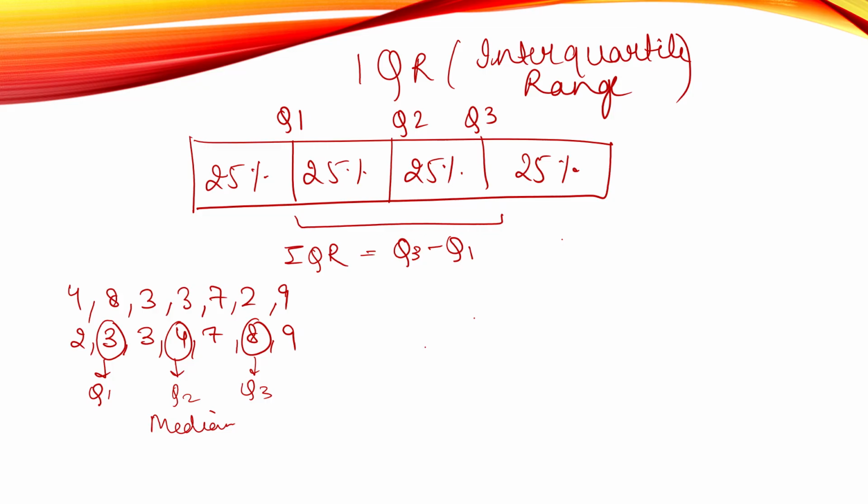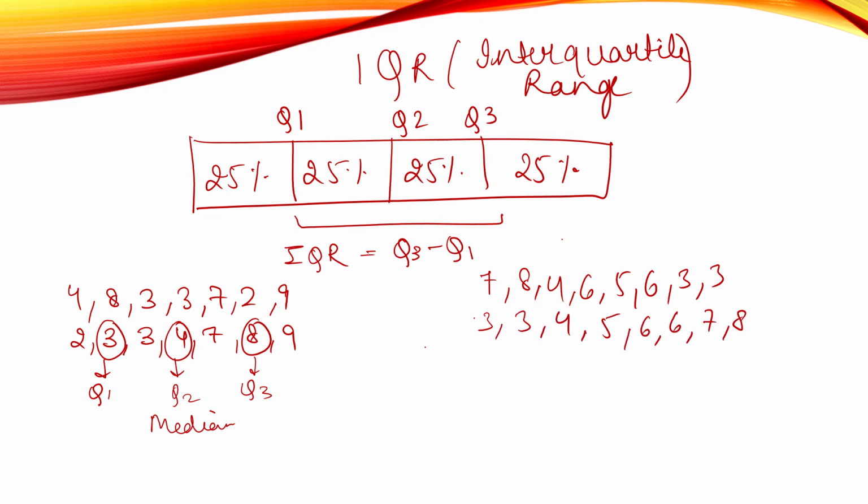Now let's say we have an even number of elements, like 7, 8, 4, 6, 5, 6, 3, 3. Sort them: 3, 3, 4, 5, 6, 6, 7, 8. Now when you have to divide them, we can.